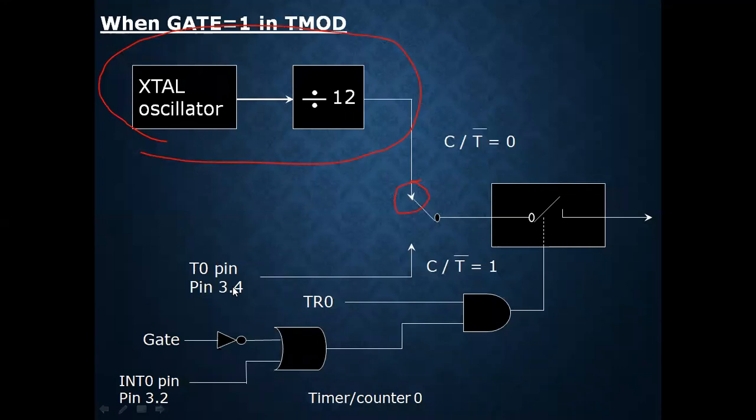Whether it is port 3.4 or 3.2, this should be the T0 pin. Yes, sir. So this INT 0, you have probably told like this only, because 3.2, yes, sir, INT 0.